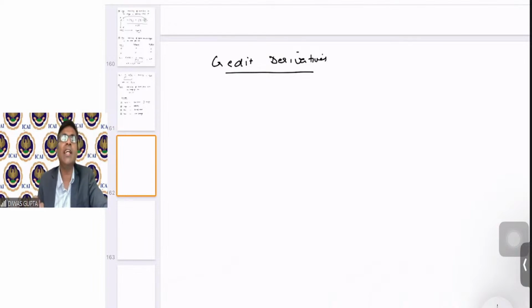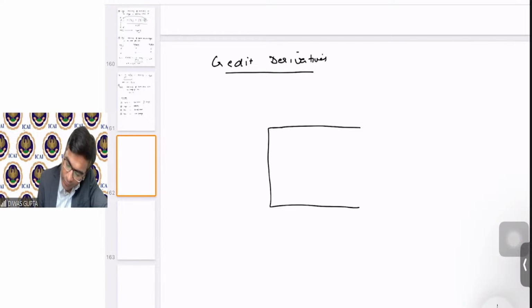Let us take any asset. That asset has primarily two risks. Okay. Let us take an example of a bond.